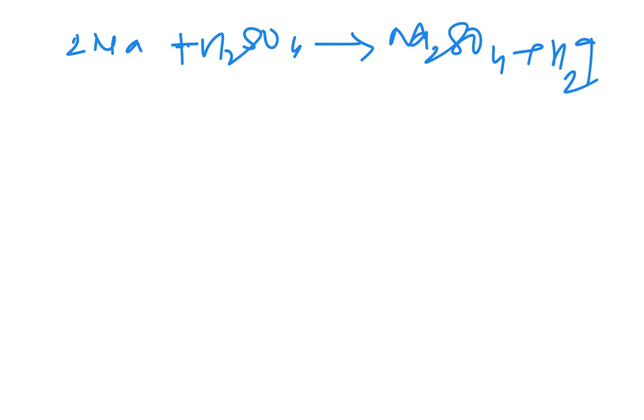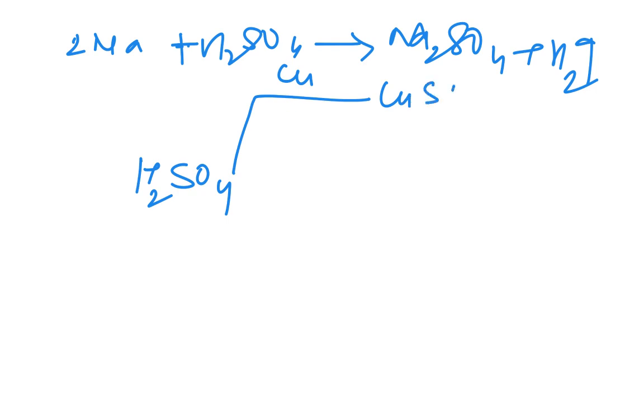This reaction you know. Now what are the reactions of sulfuric acid with other metals or non-metals? It acts as a strong oxidizing agent. With copper it forms copper sulfate.